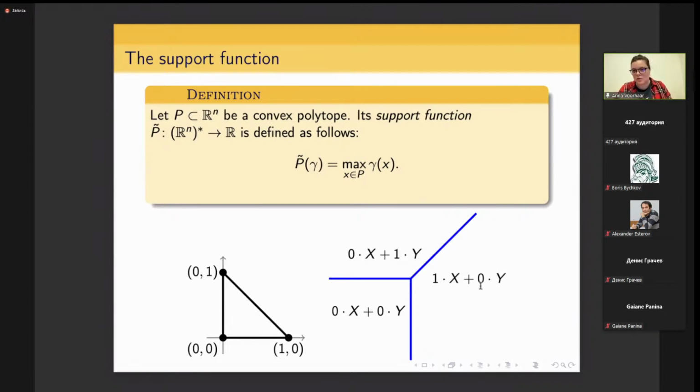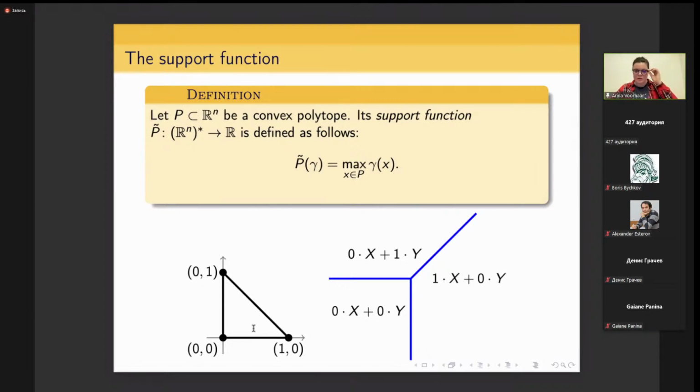And vice versa, if you know the support function, you can find each of the vertices of your polytope, and so you know the polytope. Another thing is that if you take a random covector, then most likely it will attain its maximal value at one of the vertices. It's much harder to find a covector that attains its maximal value on an entire edge or face of higher dimension.